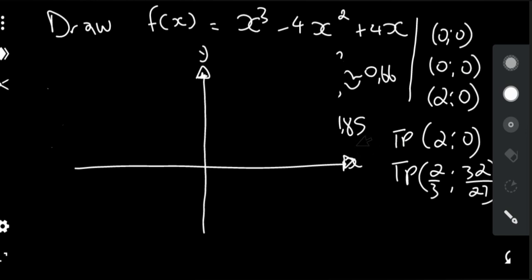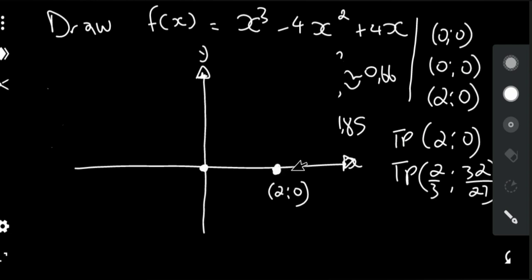So first we need to plot our intercepts. Our y-intercept was 0 and 0, and x-intercept is 0 and 0, and another x-intercept is 2 period 0. So it's gonna be here 2 period 0, and turning point it's also 2 period 0.